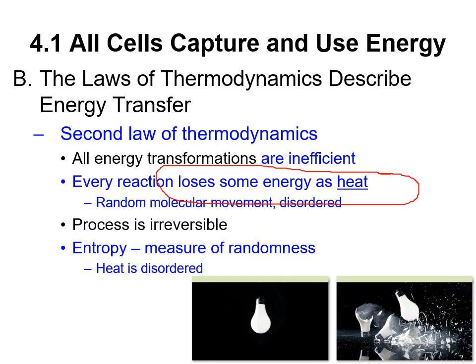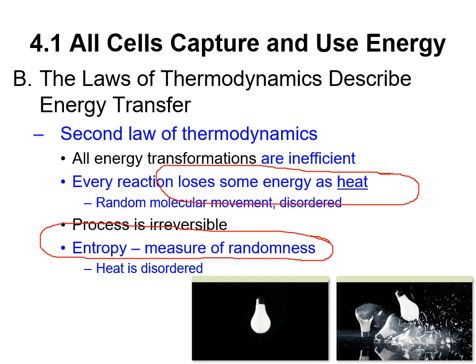Instead, because of the high amount of disorder, we're going to generate what's called entropy. Entropy is the measure of randomness. We cannot reverse this heat loss, and the more the energy is passed on from one organism to the next, the higher levels of entropy will be accumulated.